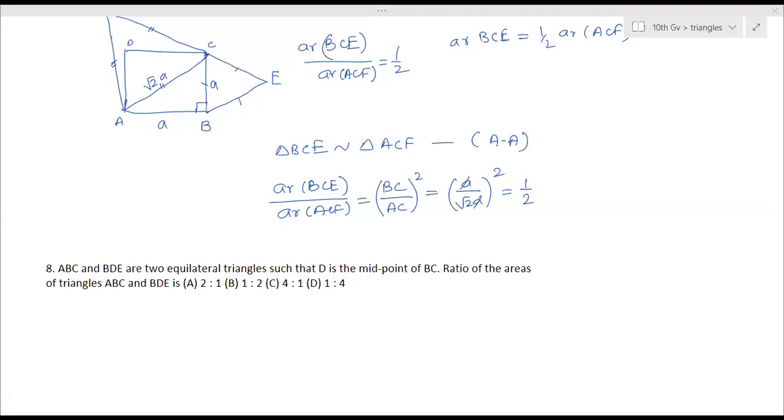Ma'am, can you show the diagram? It's anywhere you have to draw. There's only a relation you have to use. Draw ABC first. B is the midpoint.